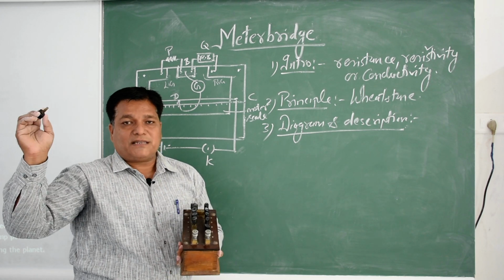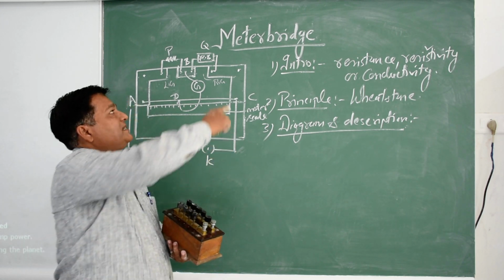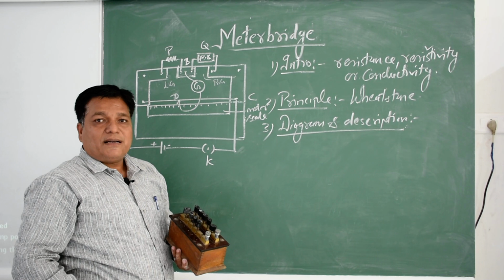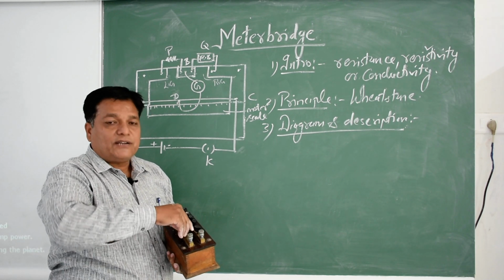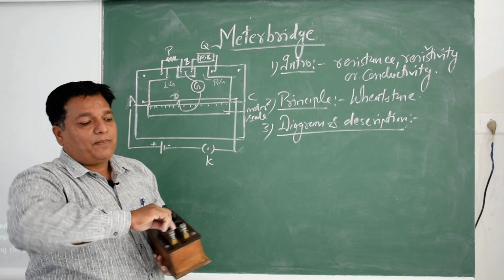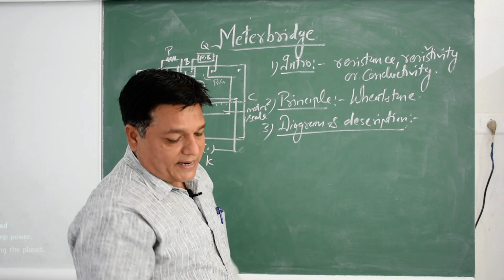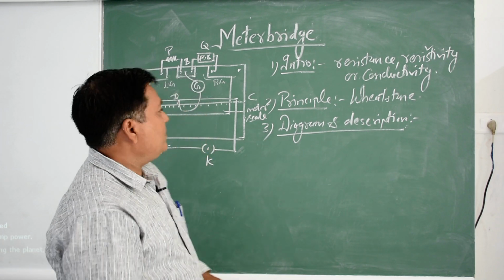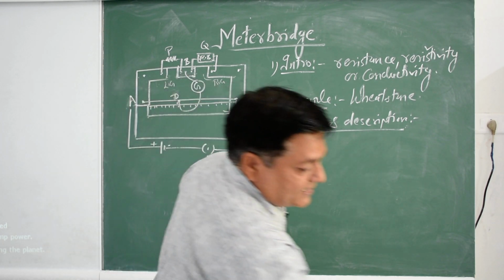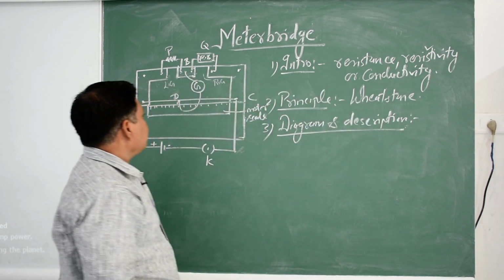If we take out the 1 ohm key from the resistance box, 1 ohm of resistance is applied in the circuit. So this is said to be the known resistance. We can apply the resistance in the circuit according to our convenience. So this is about the resistance box. It is attached in the right gap.